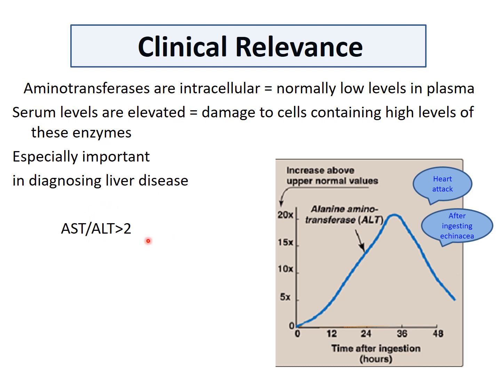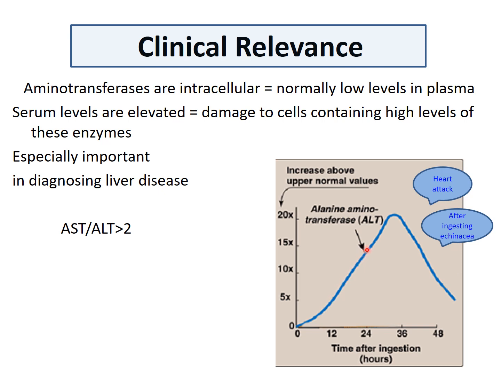They can be detected in the blood, and that is indicative of liver disease. So AST, you remember, and ALT, both of them are working in the liver. They are intracellular, so the blood level of these transaminases is low. When tissue damage happens, when cellular damage happens, they are released to the circulation.